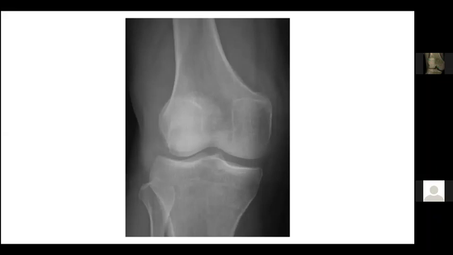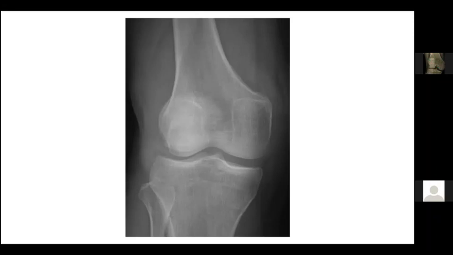No, I don't think so. Is it a subluxation? Gautam again. I don't think it is subluxation. I can understand why you are saying this because the lateral tibial plateau appears to be a bit overhanging.